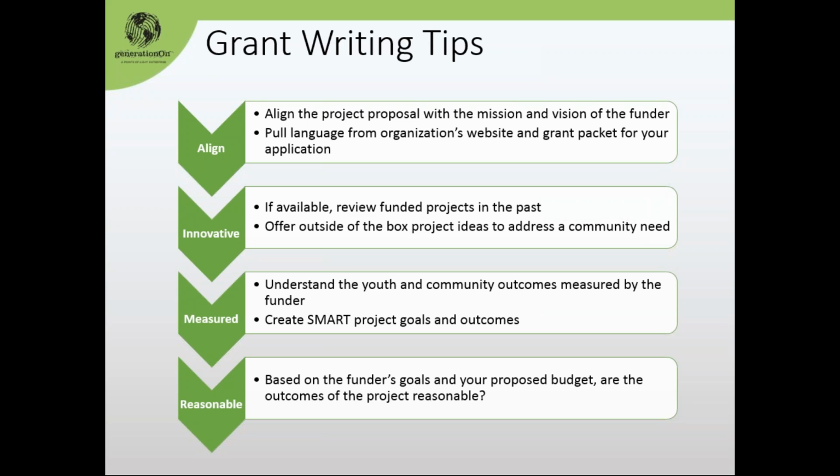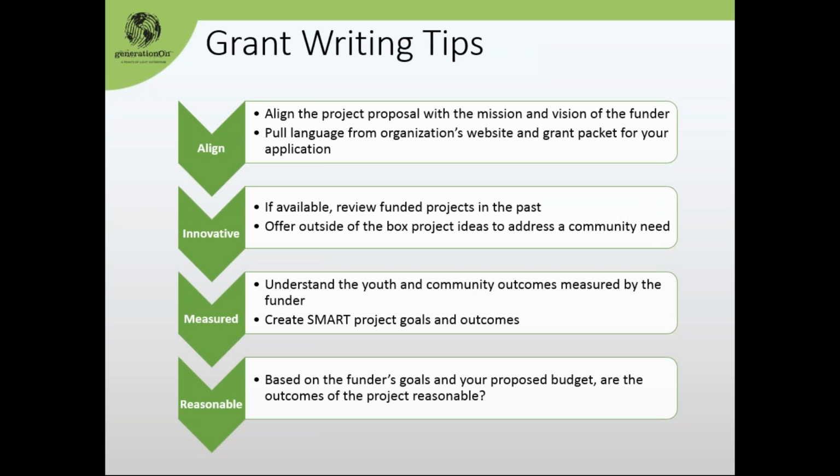So if we see that language, that this service project will help improve 21st century skills or social emotional competencies in your youth or community outcomes, we know that your work is aligned with our work. And again, that'll make you seem more inclined to be funded if your work is aligned with us and what we measure.